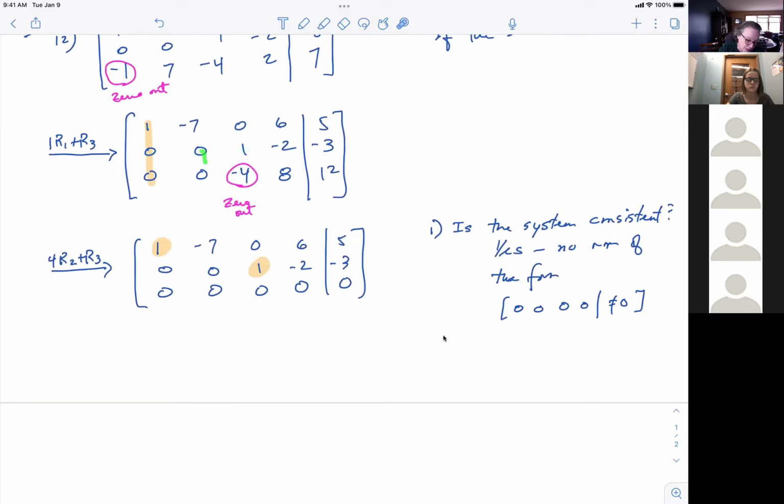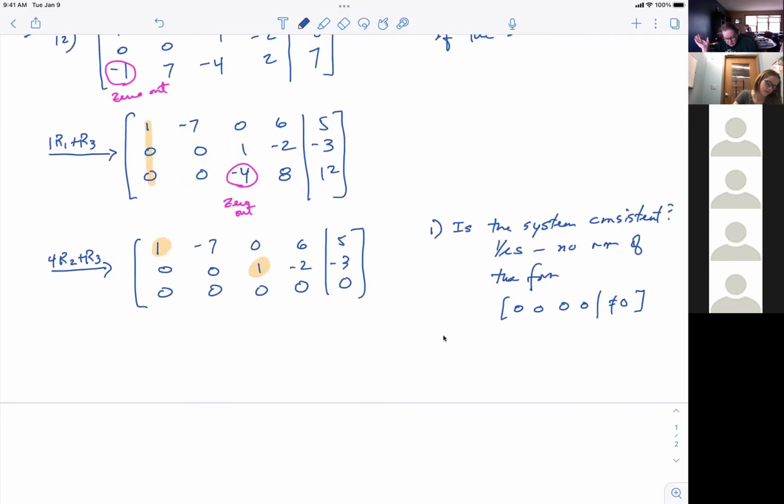Well, actually, if this was a non-zero, you'd want to swap rows to move it up here. But since these are both zero, there's nothing we can do in this column. So we move on to the next column. Okay, thank you. Yep.